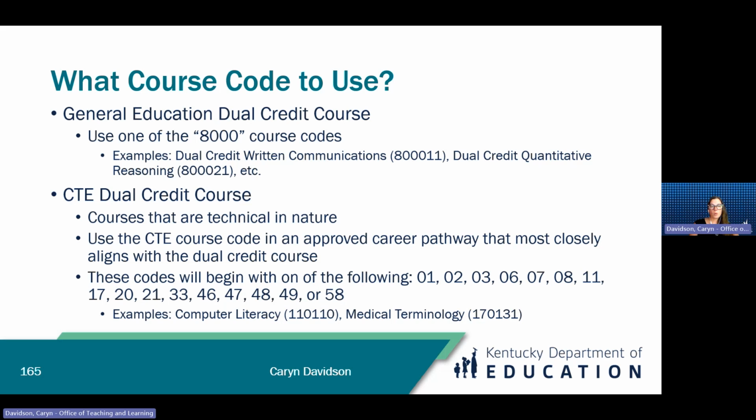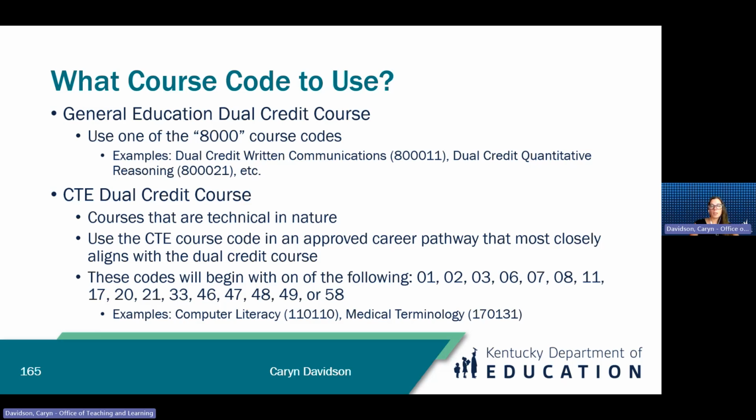If you look at the course catalog for the post-secondary institution for the course that the student's taking, it should note what general education coursework bucket that falls under. If it doesn't fall under one of the general education requirements, it's probably not a general education dual credit course code. We do give the advice that if it doesn't align to one of those buckets, you can choose one of our other state course codes to utilize.